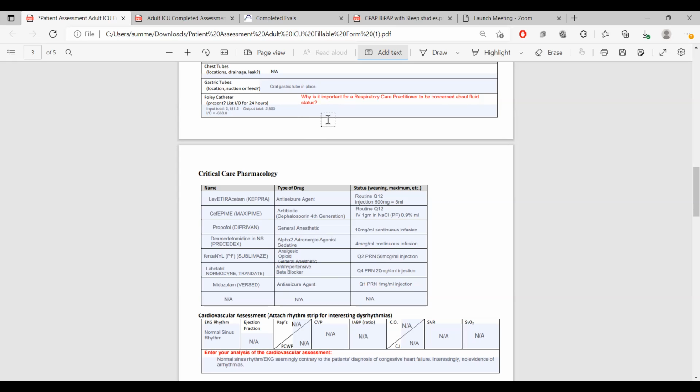That's kind of what I was thinking. Yes, very good. So fluid overload causes fluid to accumulate in the interstitial spaces. And then that'll affect work of breathing. That will also affect oxygenation.